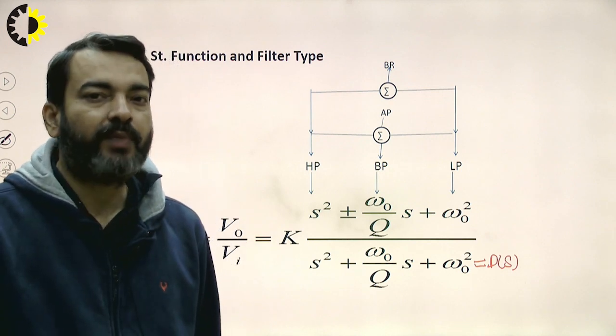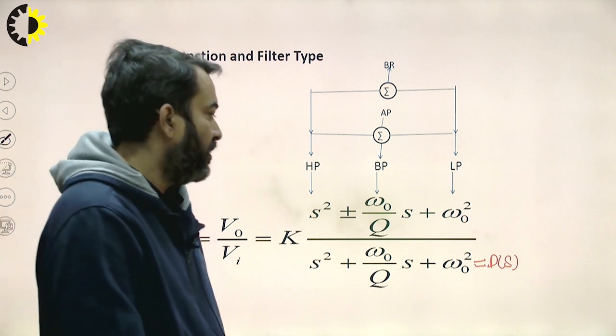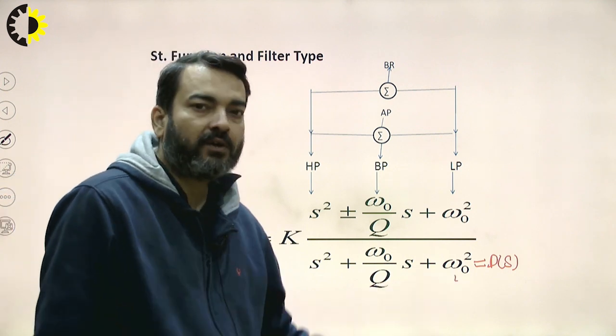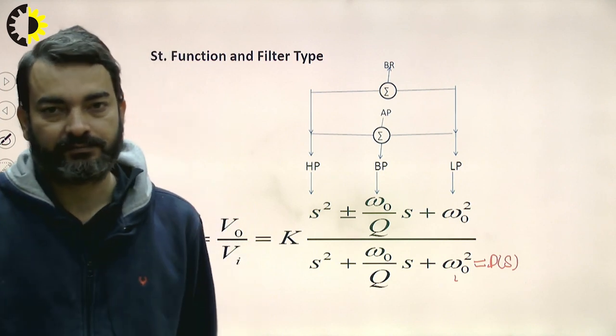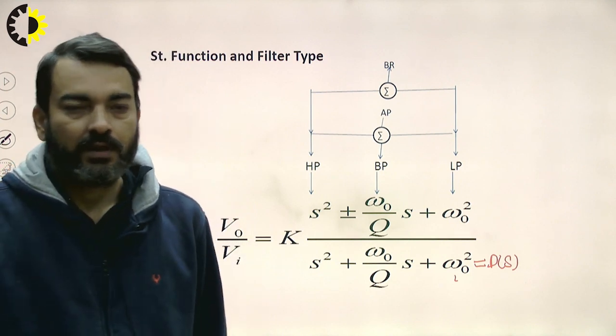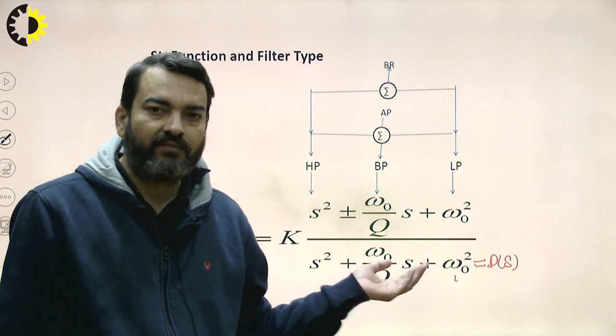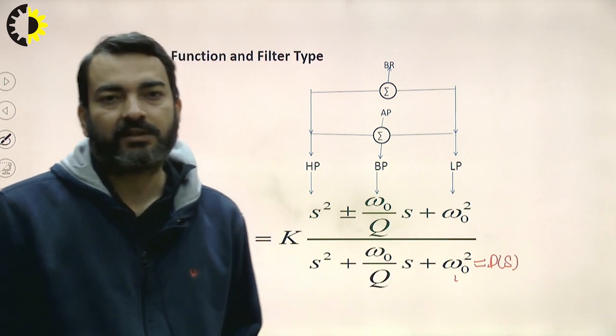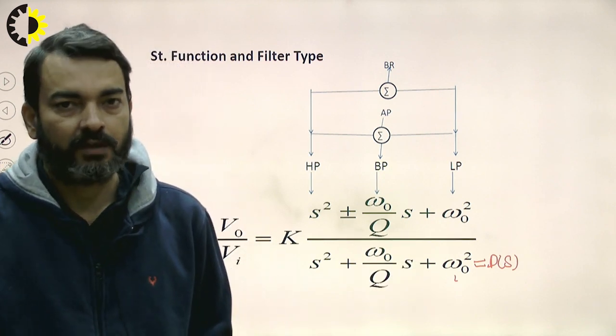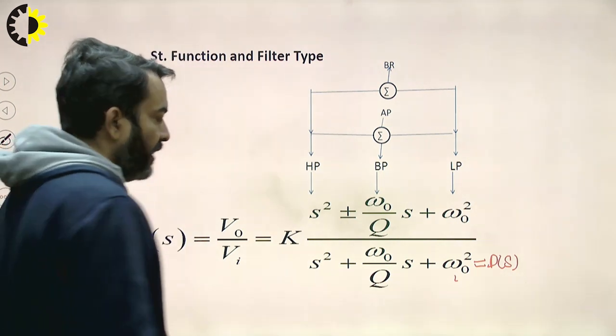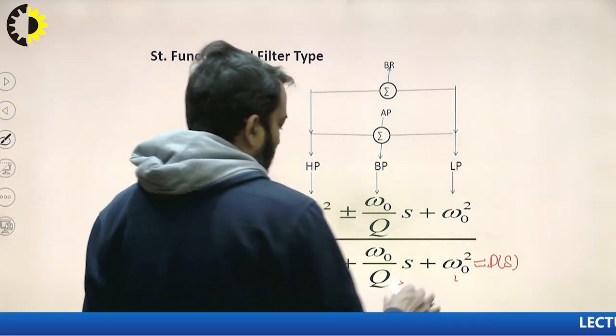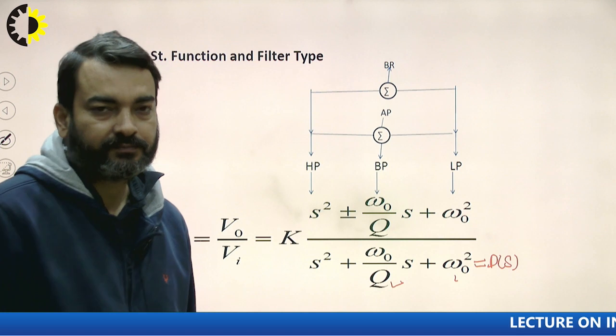But in case of band pass and band reject, we will say omega naught is the center frequency. In a generalized way, we will say omega naught is nothing but the pole frequency. So these are some different names, and Q is the quality factor or pole quality factor.